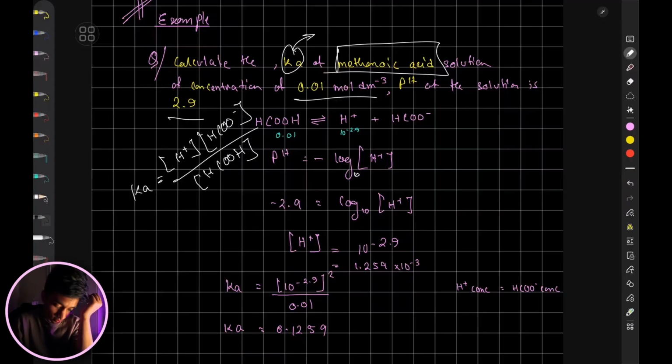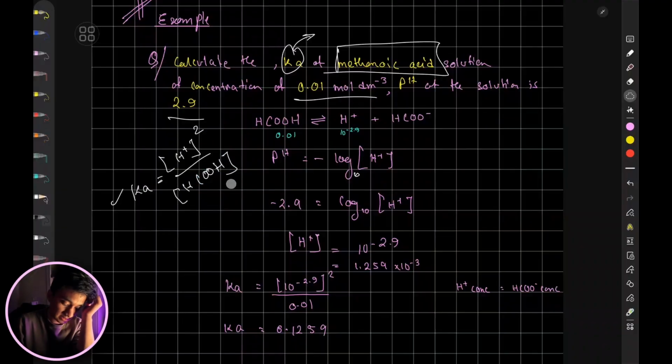So if you know this, all you need is either one, because both are equal, so I can write it as a square. I have shown why we can do that, because equal concentrations of the acid and the salt part exist. When it dissociates, if 1 mole of acid dissociates, you get 1 mole of the salt part. Okay, good.